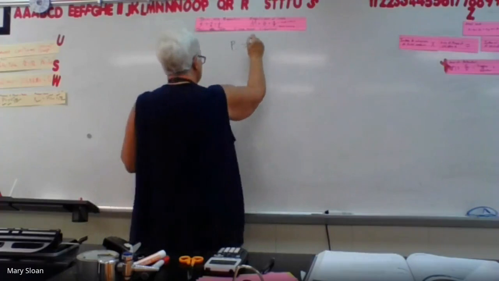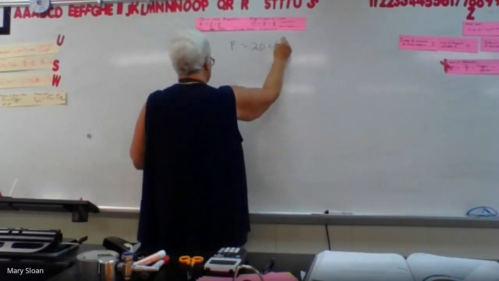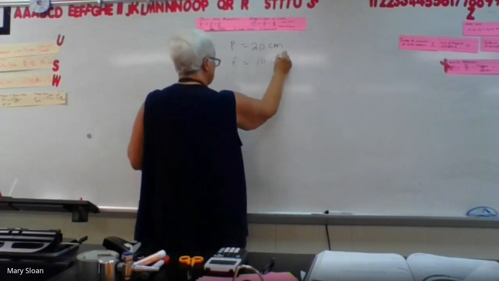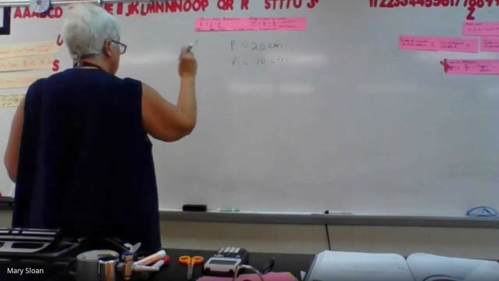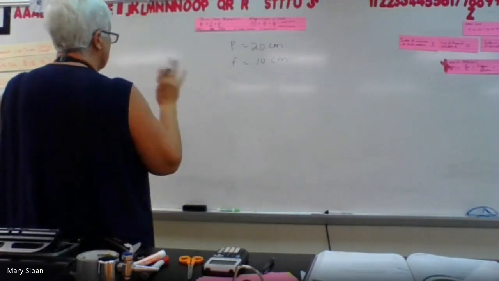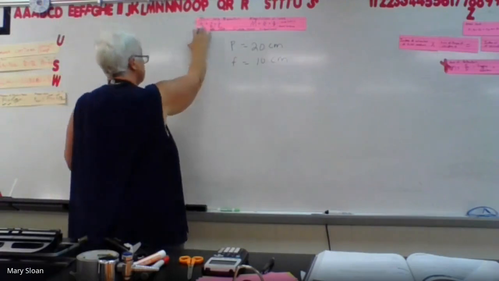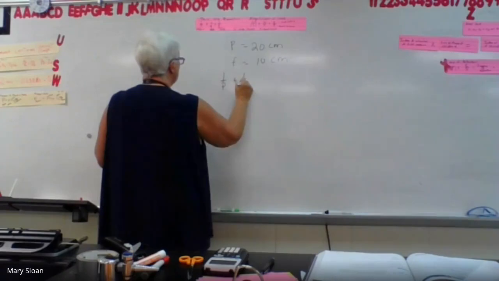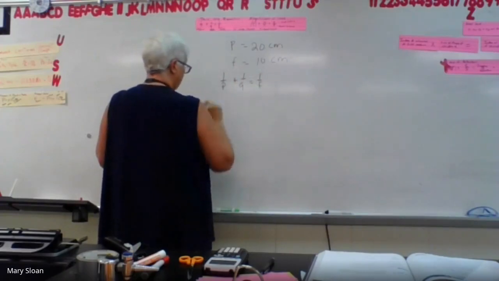Our P equals 20 centimeters, and then F is going to equal 10 centimeters, right, Jordan? Oh, my bad, I was looking at the wrong one. So the first thing you're going to do is say P equals 20, F equals 10. Then we're going to look at the thin lens equation first: 1/p + 1/q = 1/f.